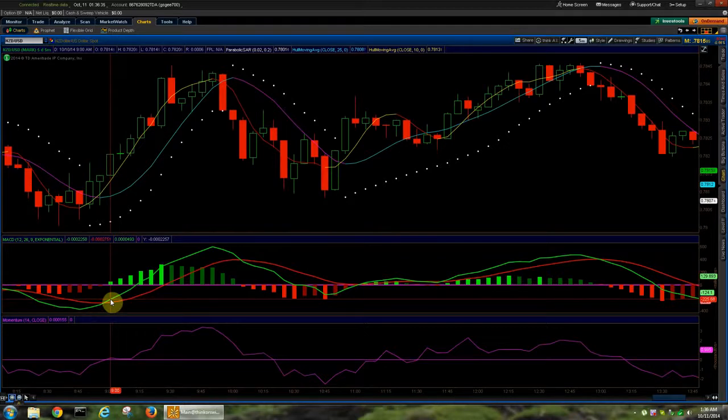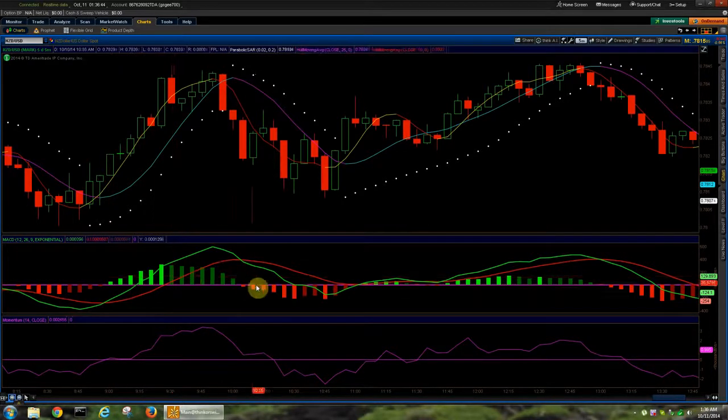You'll notice that there's lighter green and darker green. When it's lighter green, it means that the volume is increasing, and same thing with the lighter red and the darker red. Anytime the volume is increasing, these lighter colors like lighter red or lighter green, that's good because it means that the trend is strengthening.